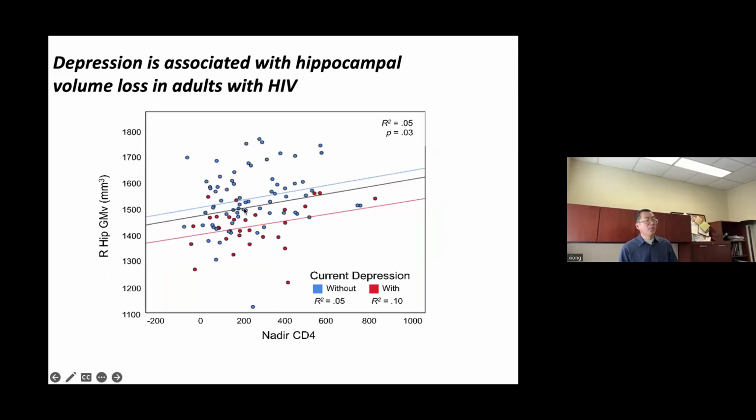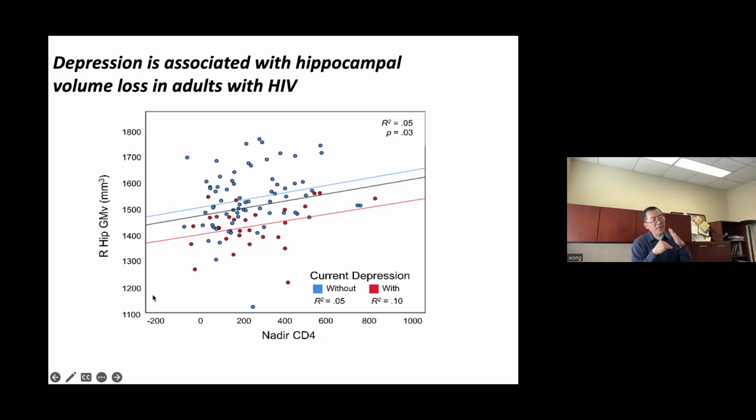We also examined how HIV disease itself interacts with depression in affecting brain structure. What we found is interesting: we didn't find any interactive effects. It's more like additive effects. Here, disease severity is captured by nadir CD4 count.